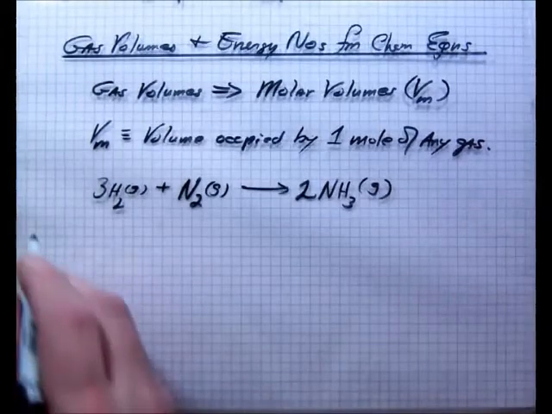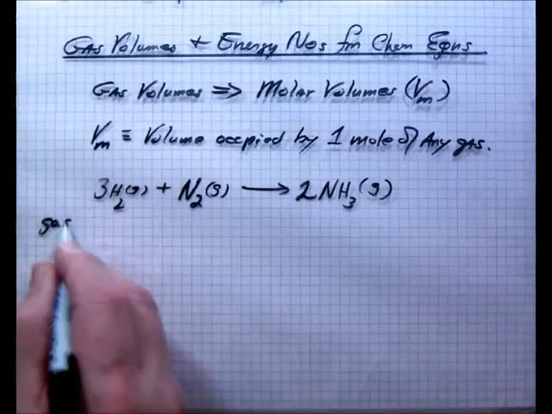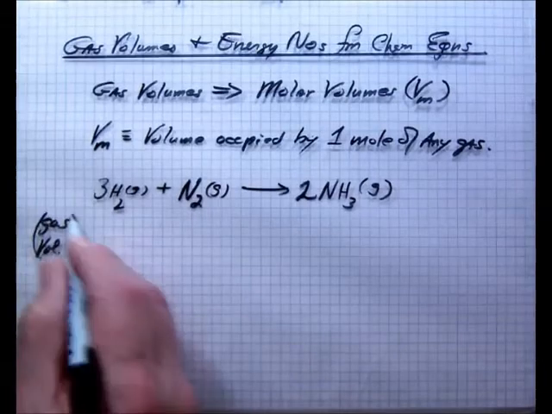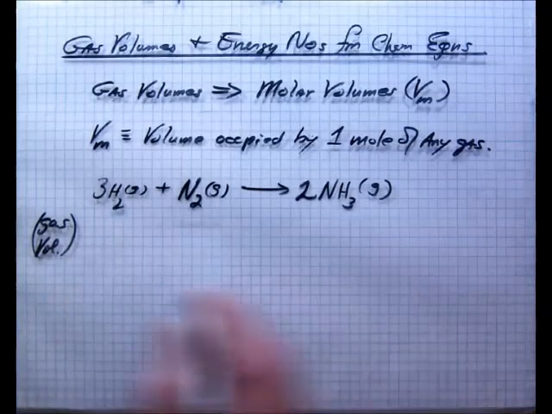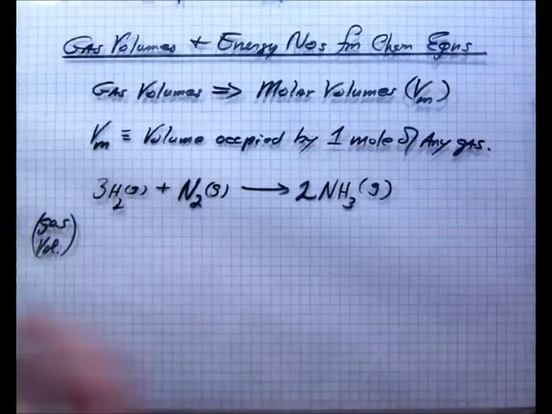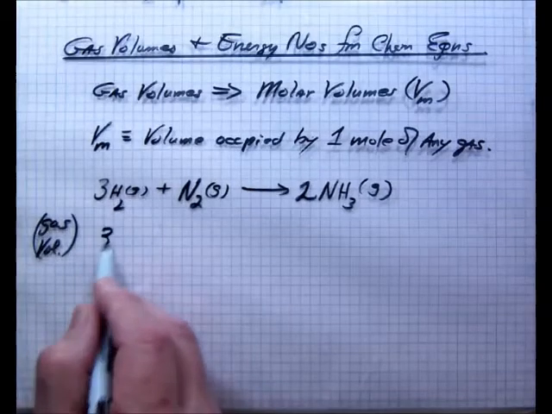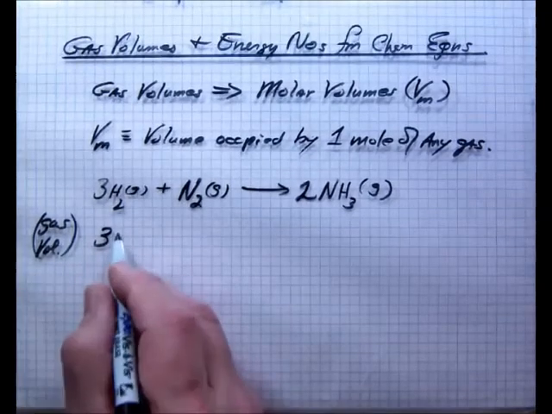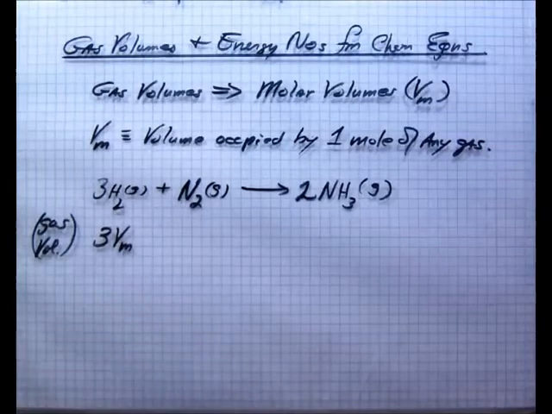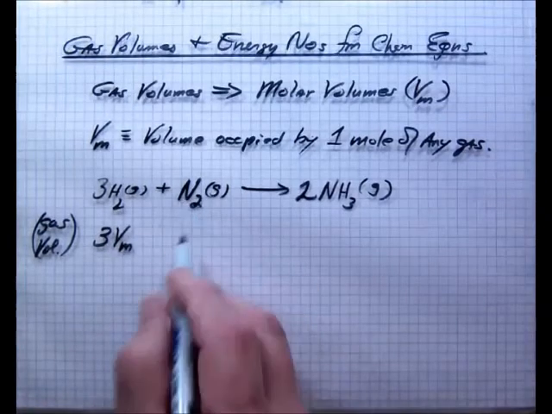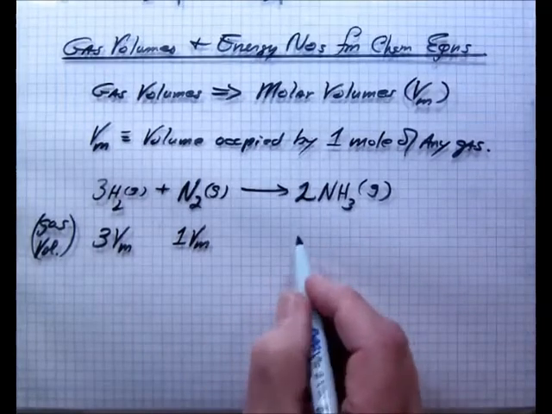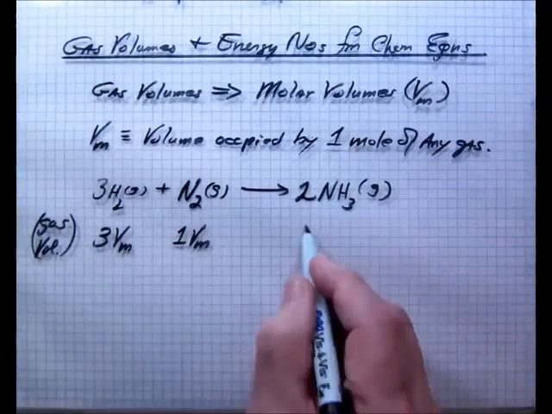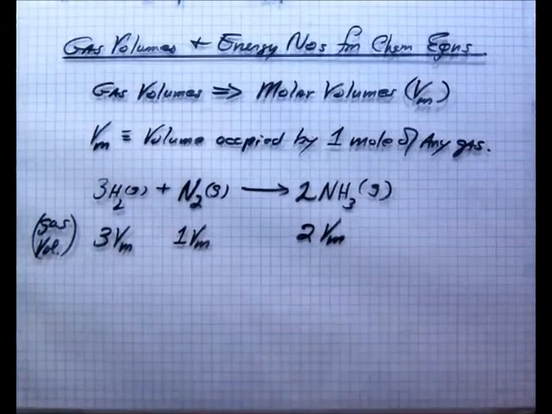And in terms of gas volumes, the issue is expressed in terms of molar volumes. So we look at the equation, while this is 3 moles, looking at the coefficient, the volume is 3 molar volumes, and N2 is 1 molar volume, and ammonia is 2 molar volumes.